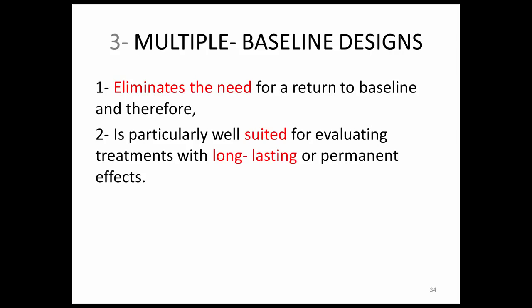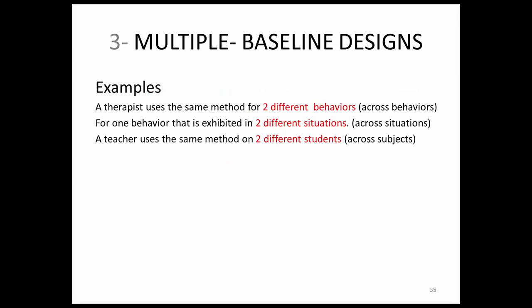You remember I just said that sometimes the effect of your first treatment stays with the participant for a while. So if you use multiple baseline, you don't have that problem either. So let's see what are the examples of multiple baseline design. There are basically three ways that you can do it. You can use two different behaviors, or you can use two different situations, or you can use two different participants.